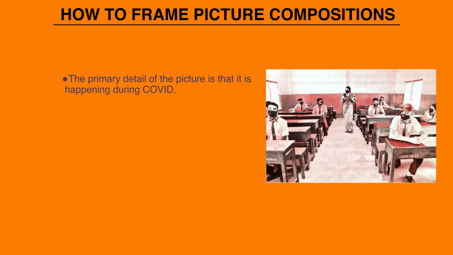So this is the primary detail of the picture. It's happening during COVID. It's not a pre-COVID situation. A pre-COVID situation would be very different. The classroom would look very different.